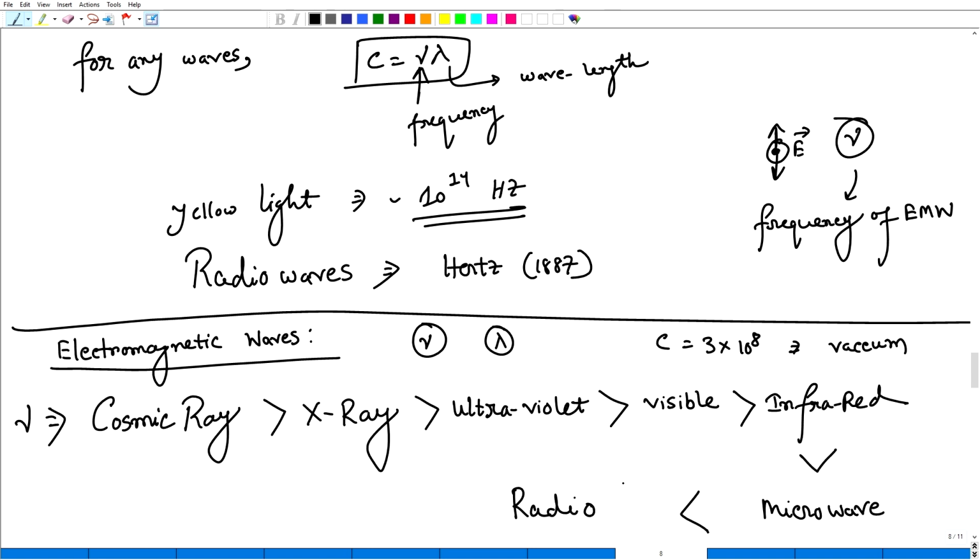So this is our electromagnetic waves in terms of frequency.